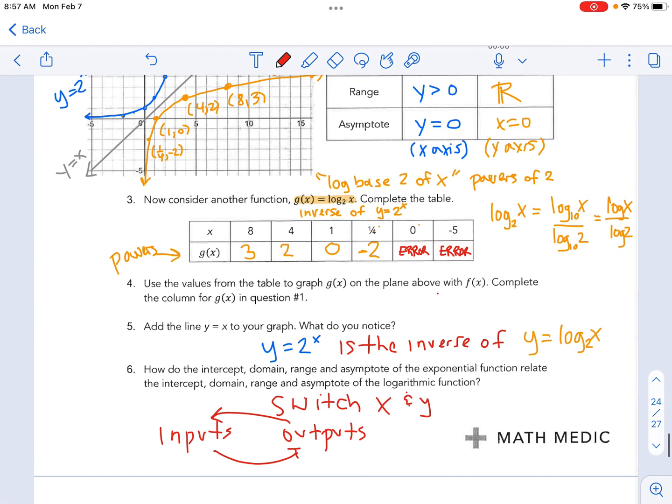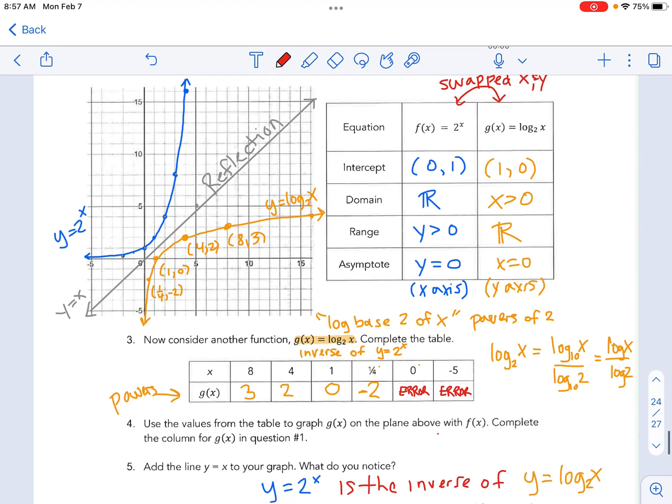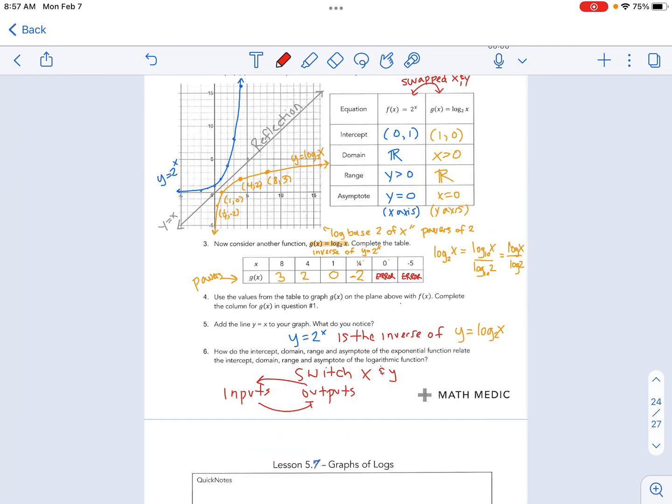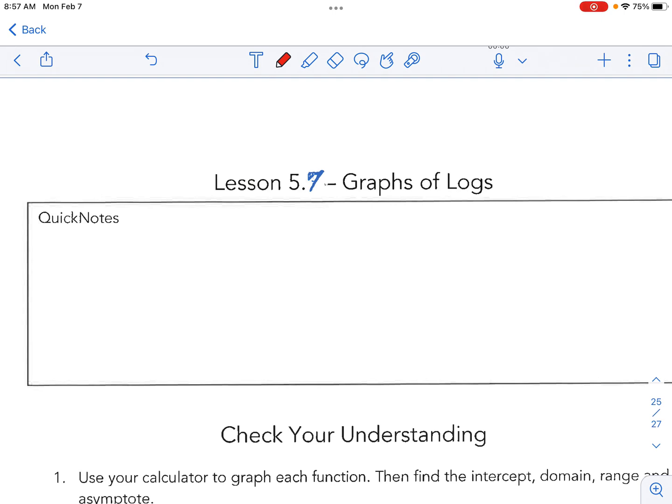So now really what we're focusing on is, we know these are inverses. We know exponentials have a certain curvature shape. It's very distinct, whether it's growth or decay. So do logarithmics. They have a certain curvature that's very distinct. They have asymptotes and all those things that we're going to keep track of.